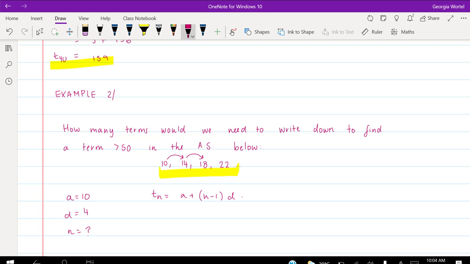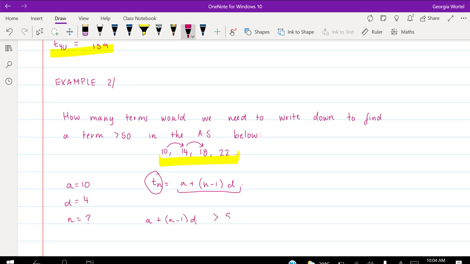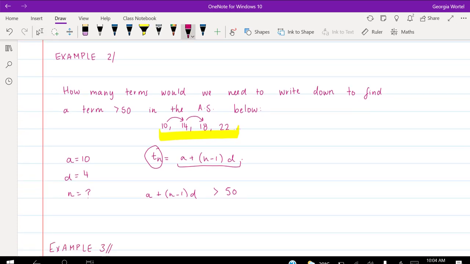We want the value, so our whole term, to be greater than 50. So we want all of this stuff to equal something that's greater than 50. So we could rewrite that as A plus N minus 1 times D has to be greater than 50. So what N value, what term number, gets me to something greater than 50?